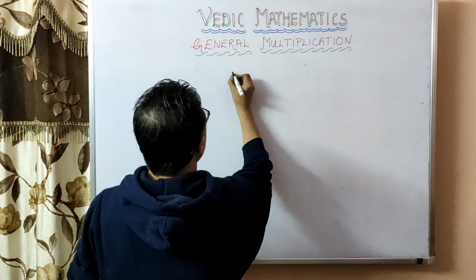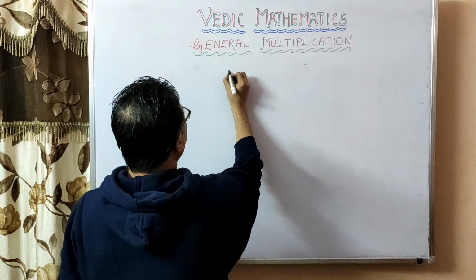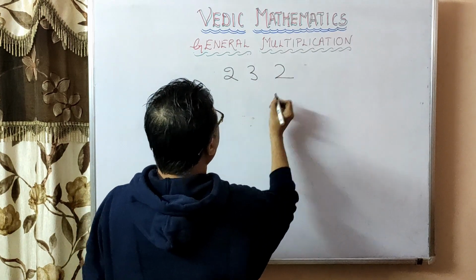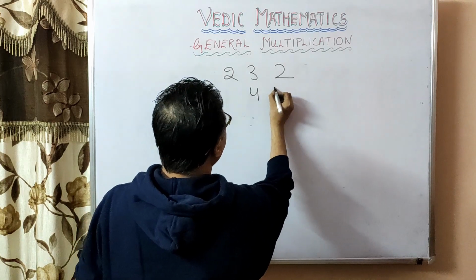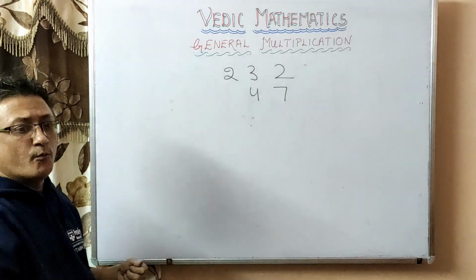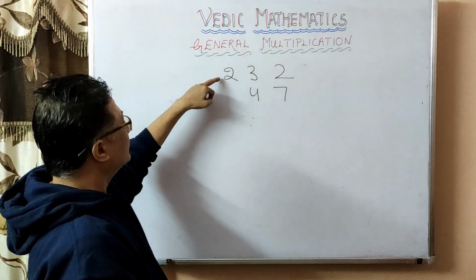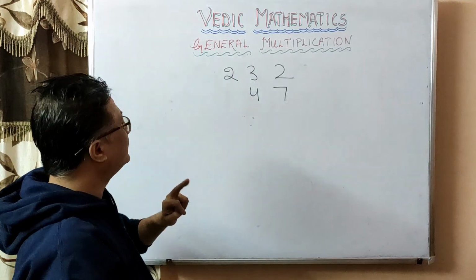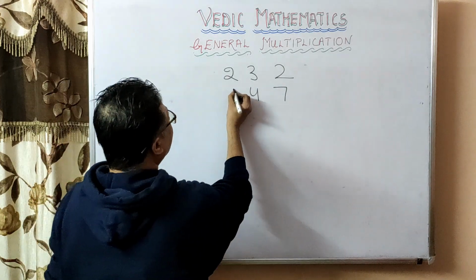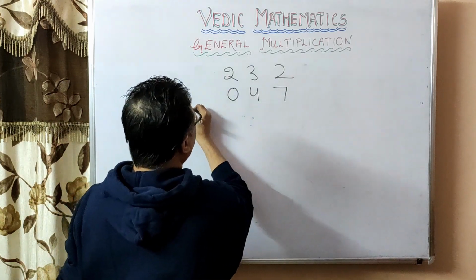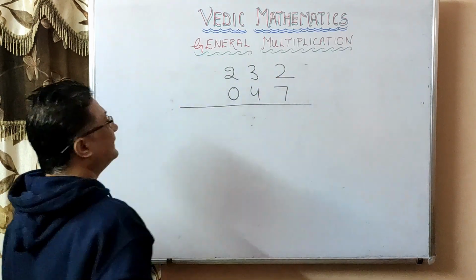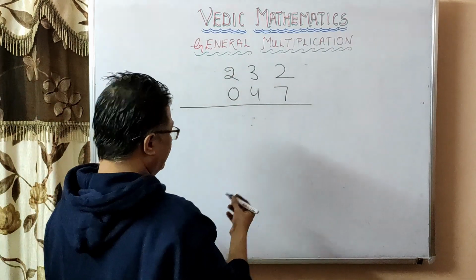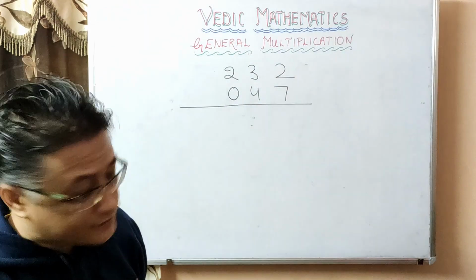For example, suppose you have to multiply 232 with 47. Now, this number has 3 digits, this number has 2 digits. So what we'll do is, we'll write a 0 here. Now, these both are 3 digits. This 0 is important for cross multiplication. Now, these are our numbers, as you can see.